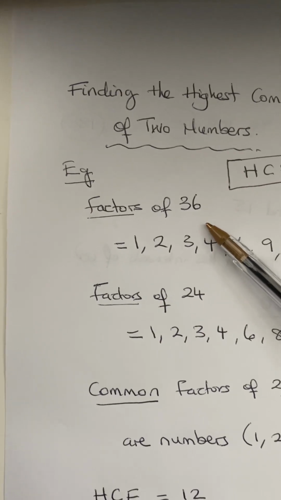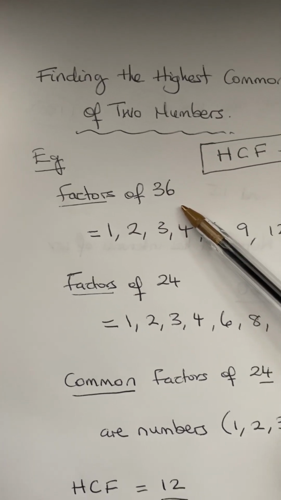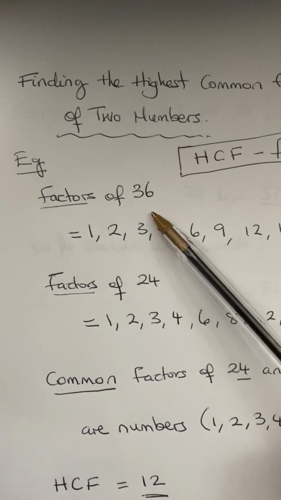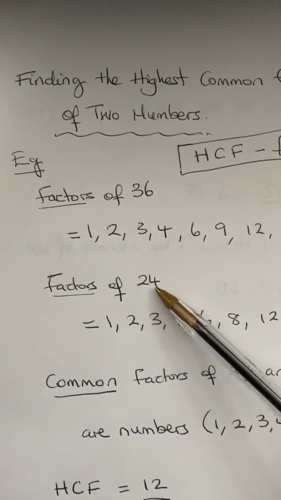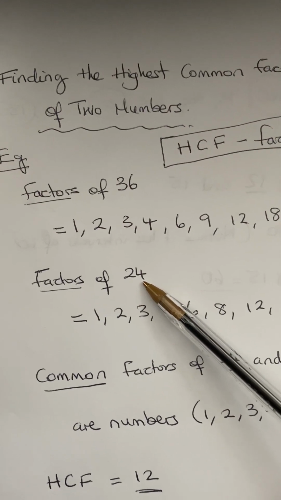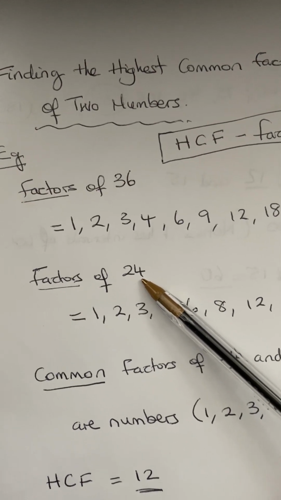If we want to find the highest common factor of 36 and 24, the clue is highest common factor, okay?